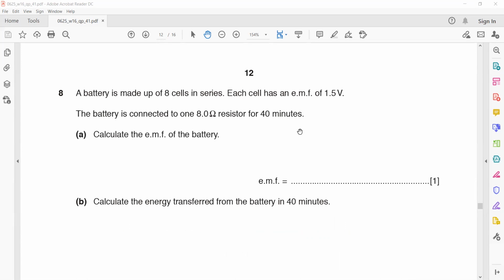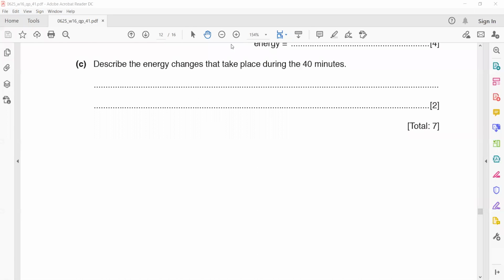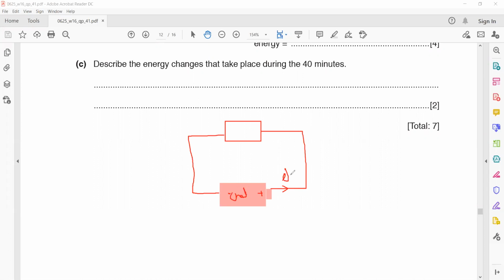We have a circuit made up of a group of cells connected to a resistor. So if this was a cell, you connect this cell to a resistor. The conventional current flows from positive to negative. The cell has chemical energy, but it produces charges, so it will be electrical. But when these charges move through a resistor, they lose their energy in the form of heat. So chemical changes to electrical, and that changes to heat energy.